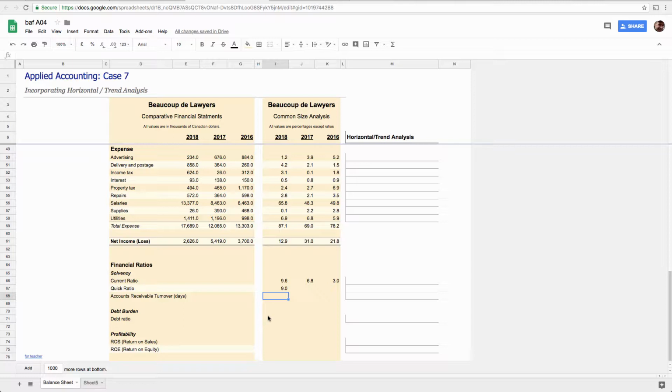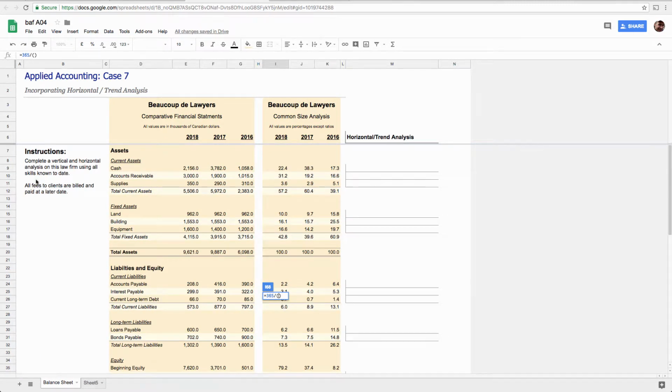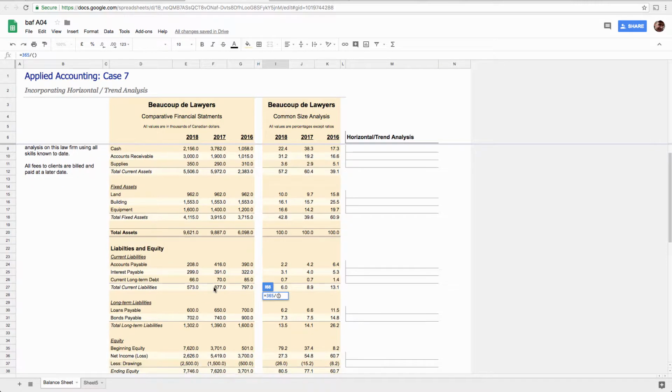Accounts receivable turnover in days is 365 days divided by the turnover. And the turnover is net sales on credit, and your additional information here says that all fees from clients are billed and paid at a later date. So all sales, all revenue is on credit.